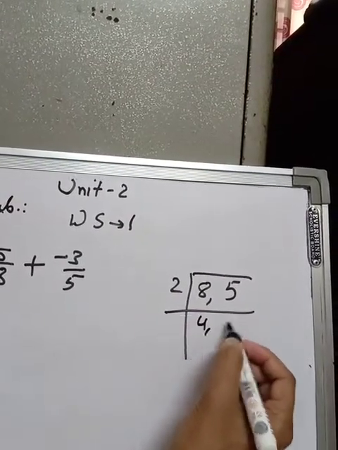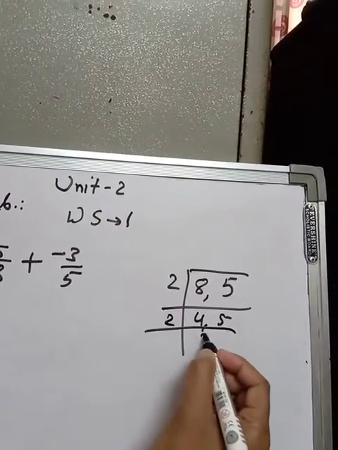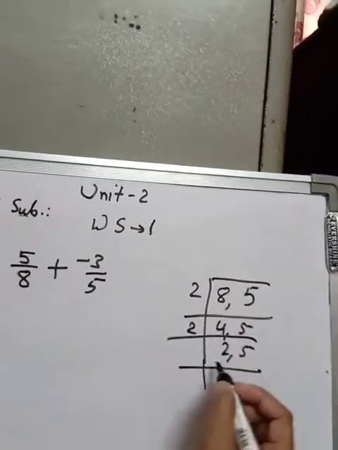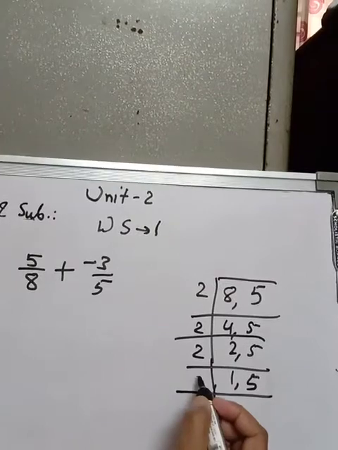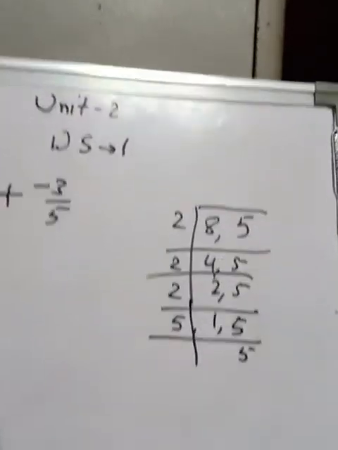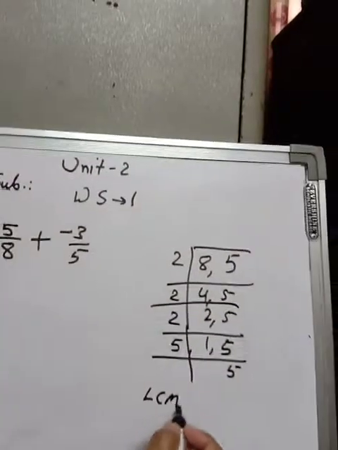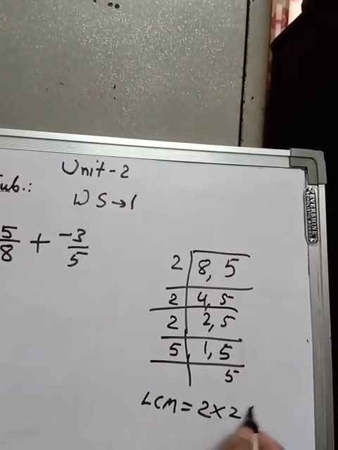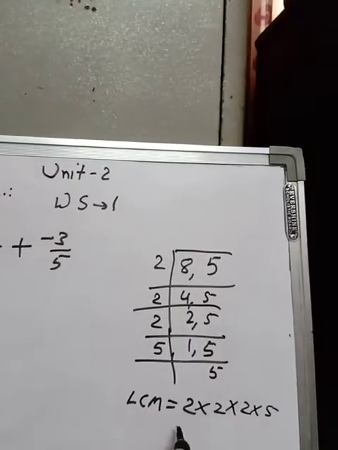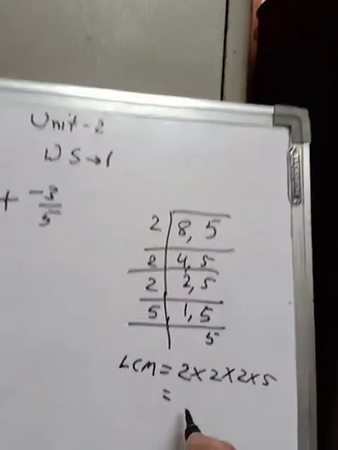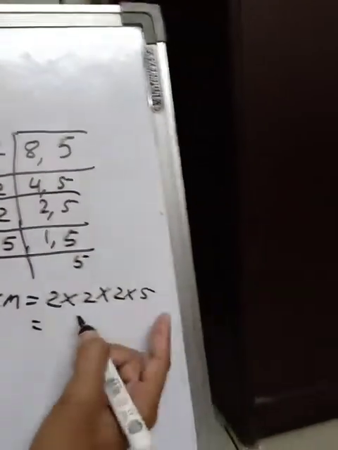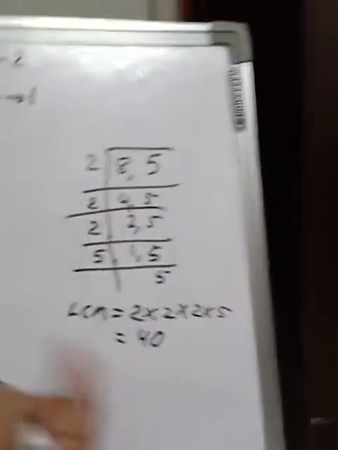So 4, 5, then 2, 2, 5, then 2, 1, 5. This is the procedure of finding LCM. So LCM will be 2 into 2 into 2 into 5. 2 2s are 4, 4 2s are 8, 8 5s are 40. So LCM is 40.